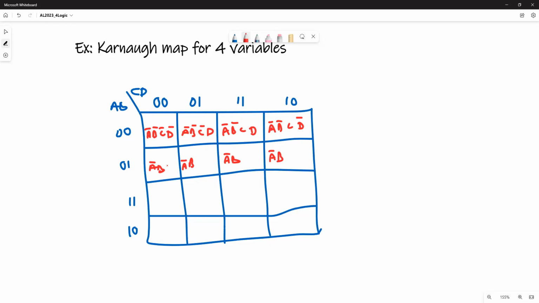From here we have C bar, D bar. So here we have A bar, B. Here is C bar, D bar. So here C bar, D. Here we have C, D. Here we have C, D bar.